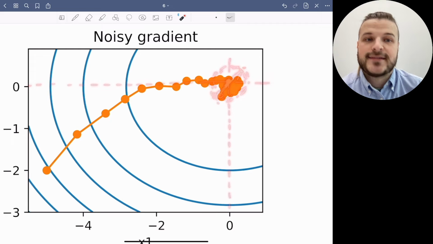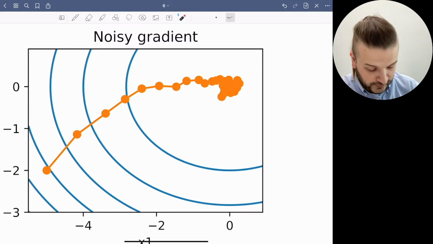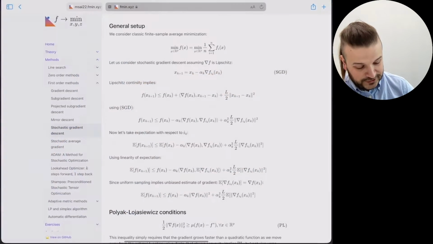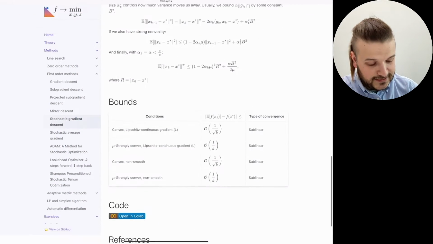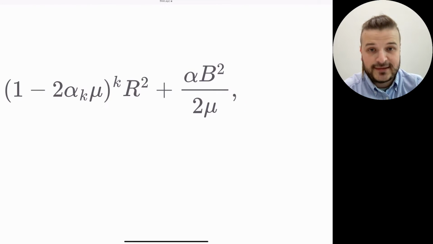And what's interesting here is that the radius of this ball could be described, in the strongly convex case, by this second term.